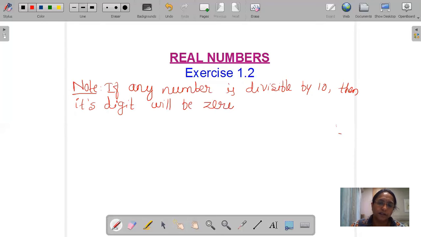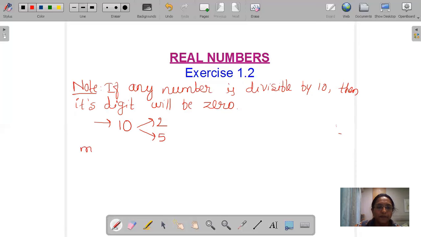Okay, only then its last digit will be 0. So we are telling here it is divisible by 10. When it is divisible by 10, then definitely it will be divisible by 2 and divisible by 5.